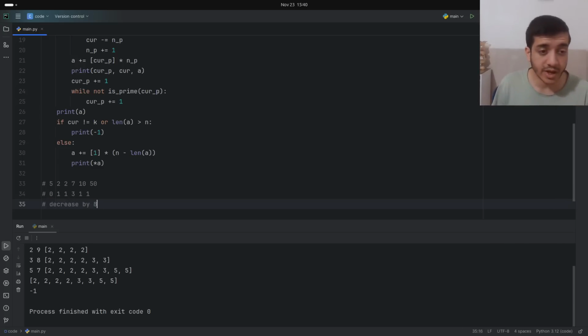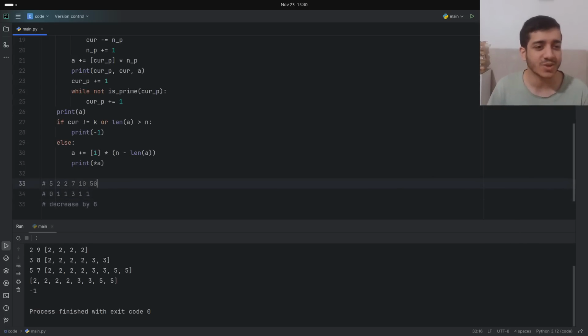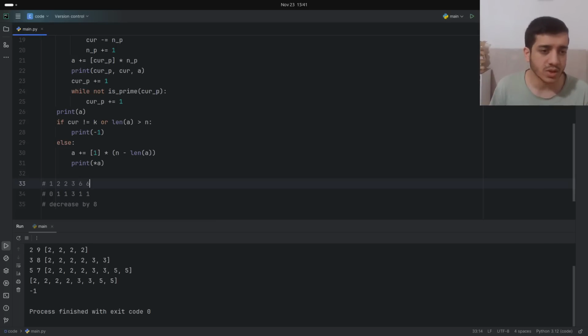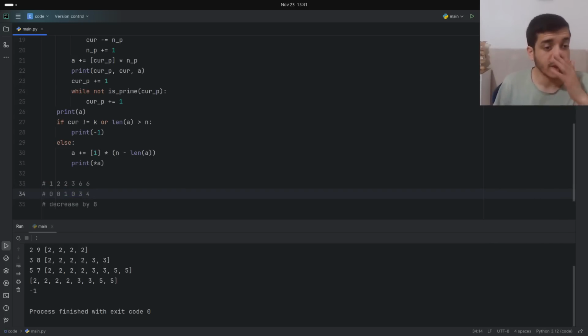We need to decrease by 8, not 9. We are at 15 and we want to reach 7, so we need to decrease by 8. Okay, so 1 2 2 3 6 6 is the solution. It decreases by 0, by 0, by 1, by 0, by 3, by 3, and by 4. Okay, so that's the case.